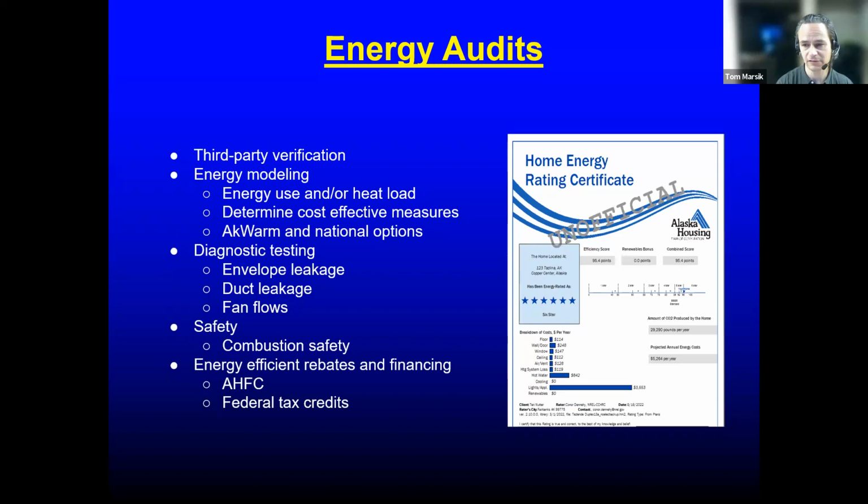Based on the results, you can see if really now is a good time to install a heat pump, or if maybe you should do other things first and then install the heat pump later. So again, I would strongly recommend, if you are making decisions about improvements to your home, to hire an energy rater and get an energy audit.